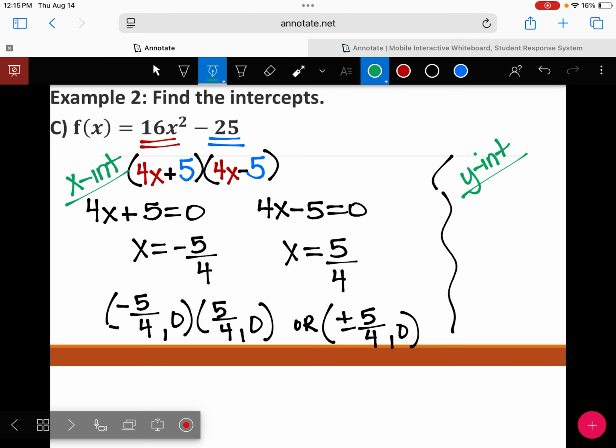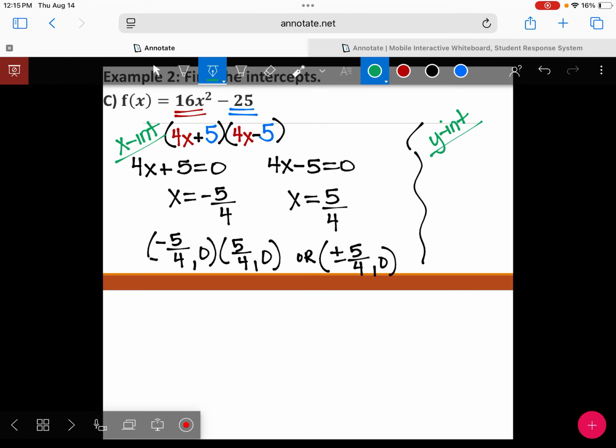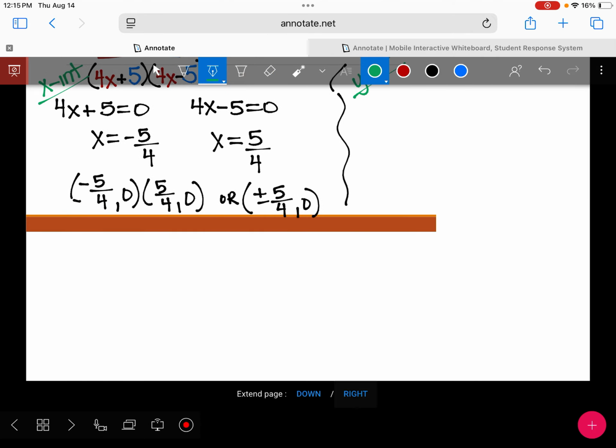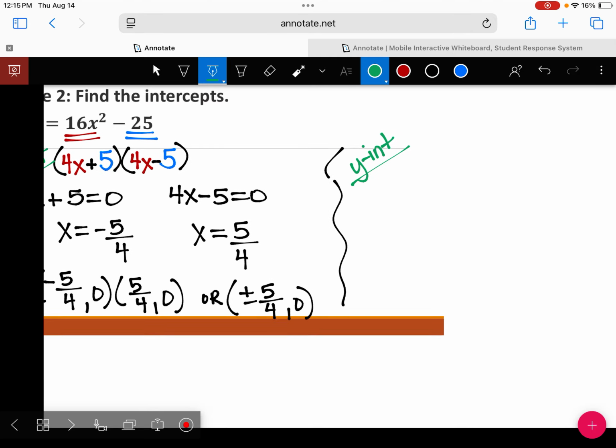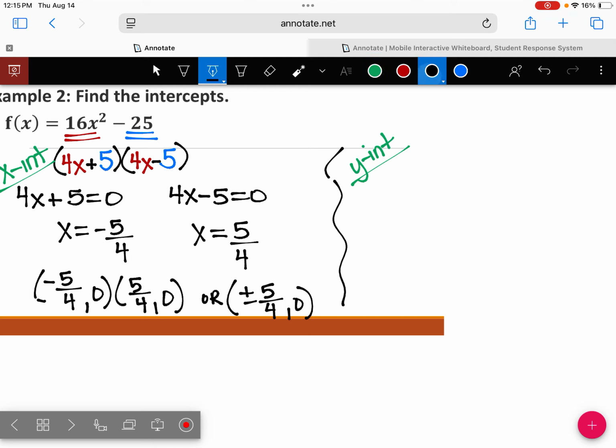Y-intercept is going to go a lot faster. Okay, so what we have here is y equals 16x squared minus 25. Put a 0 right here. And 0 times anything is what? 0.